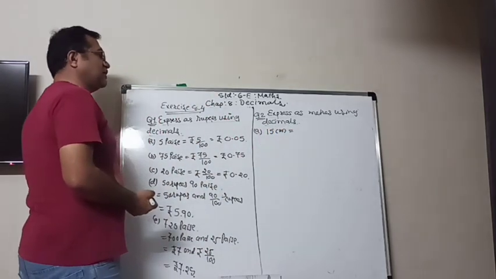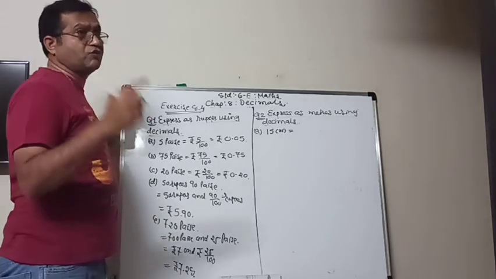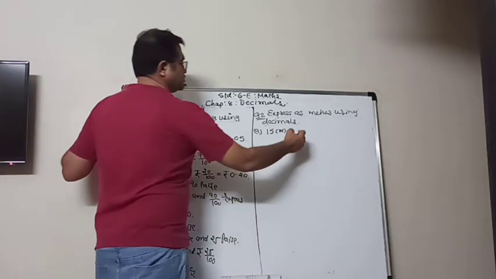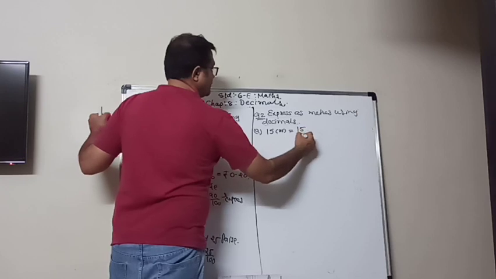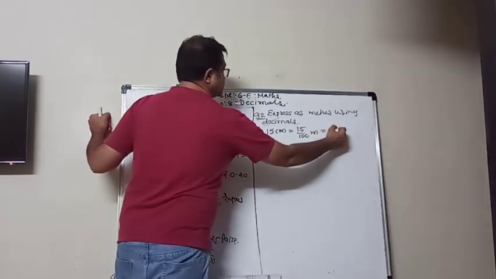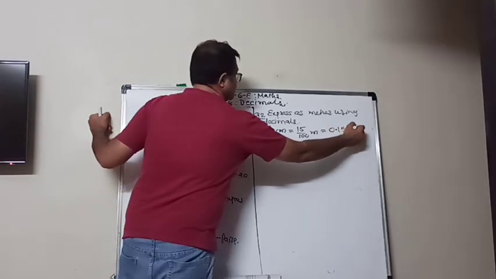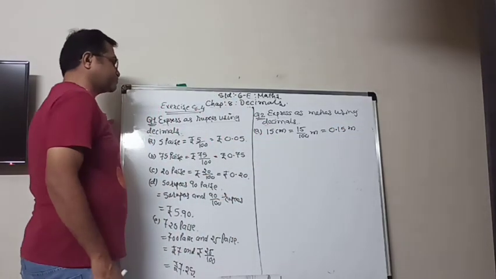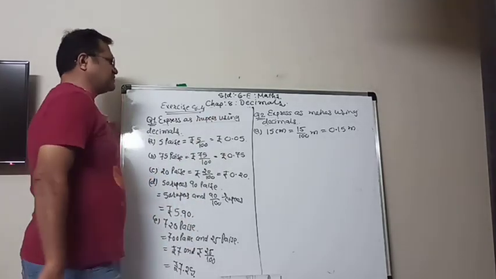Here also we know that 100 centimeter make 1 meter. So that is 15 upon 100 meter, and then 2 decimal places, so 0.15 meter. Same as rupees and paise.